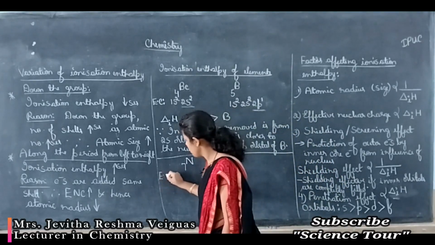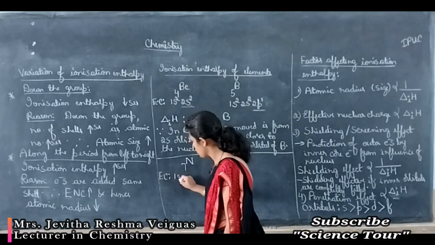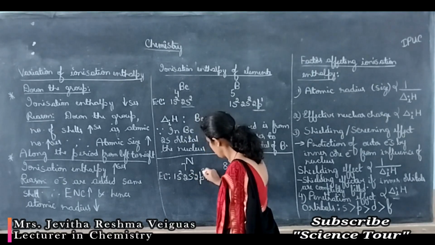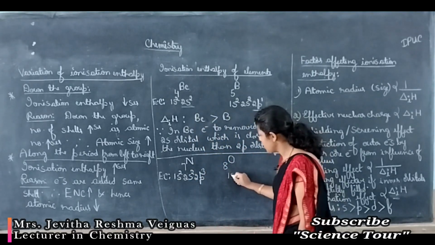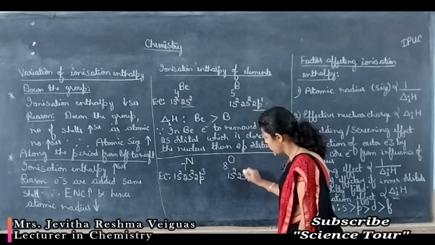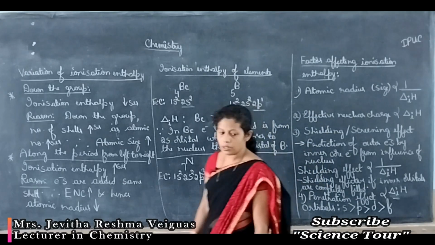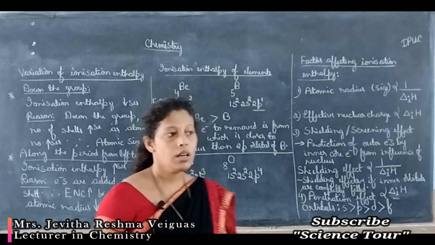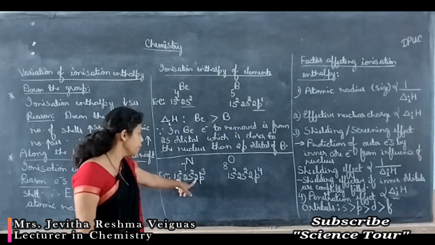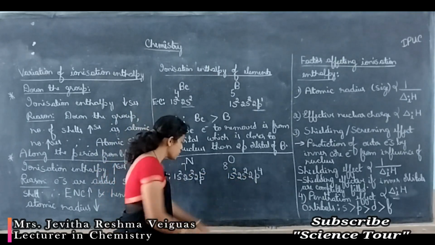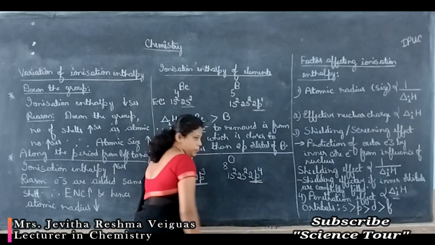Nitrogen atomic number is 7. If I write electronic configuration, it is 1s2, 2s2, 2p3. For oxygen, it is 1s2, 2s2, 2p4. Look at here. Here, last electron to be removed for nitrogen is from 2p orbital. For oxygen is also from 2p orbital.